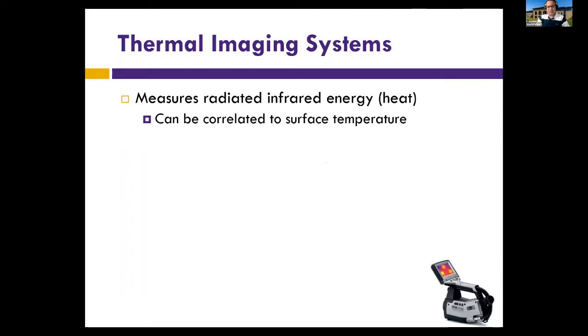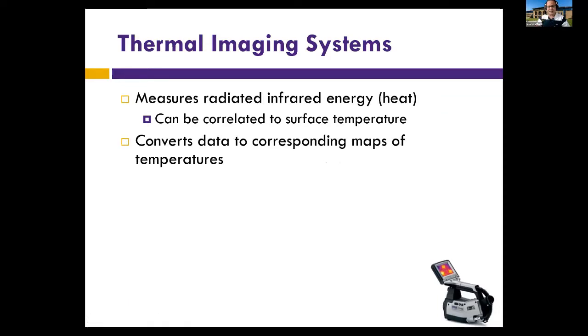To measure the amount of energy that is emitted by the surface, we use an infrared camera, such as the one shown here. And this infrared camera allows us to calculate the infrared energy that is emitted by the surface, which can be correlated to the surface temperature.